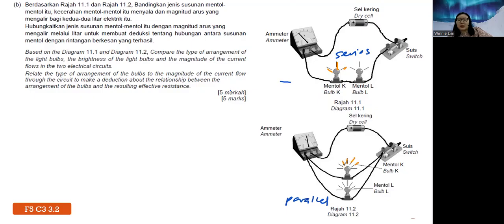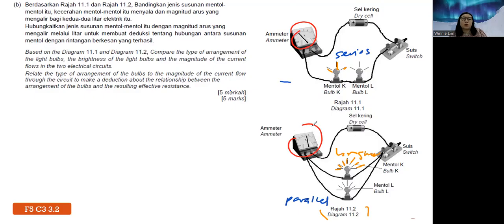So basically, the bulbs in the parallel circuit, or in diagram 11.2, are brighter. Okay, then in terms of current, you look at this ammeter reading. So notice or not, this one is showing the deflection is small. So the magnitude of current flow is greater in 11.2 also.